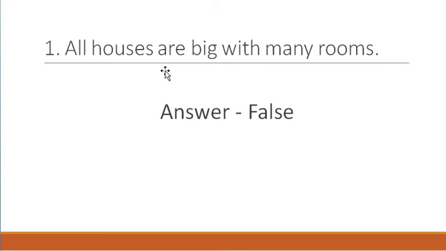So in TF you just need to carefully pay attention, put your mind into it, and understand the statement and how it is false. Somewhere, if necessary, I will explain in detail, and somewhere I'll just explain in brief. Okay, so the first TF here, the statement is: all houses are big with many rooms.